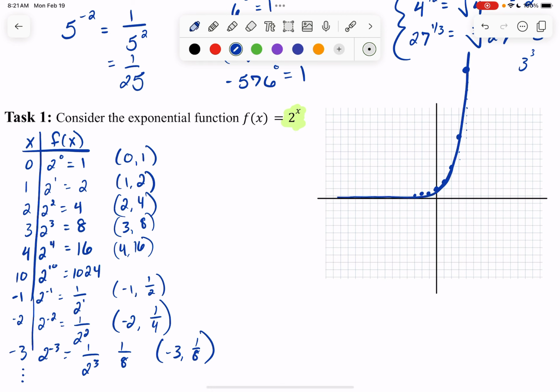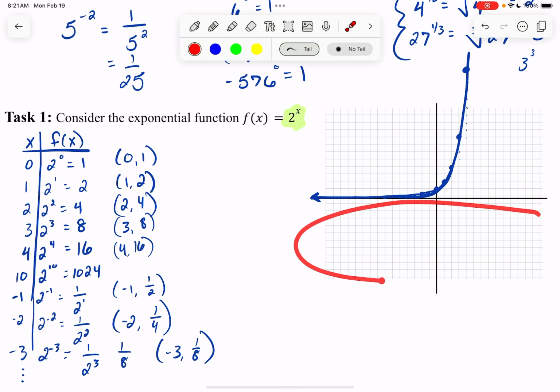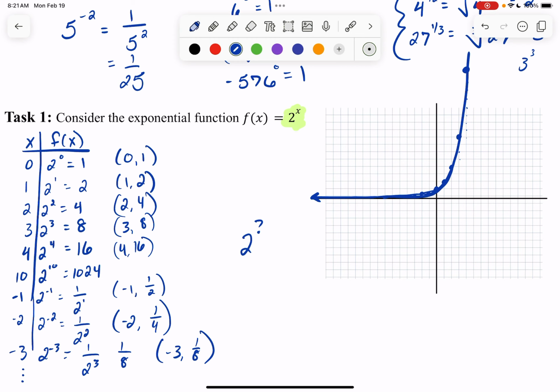Okay, but it never actually goes negative. I never go down here at all. If you think about it, it makes sense. If I'm multiplying the number 2 a certain number of times, is there any way for me to get a negative number? Nope. So we don't go down into those negatives.